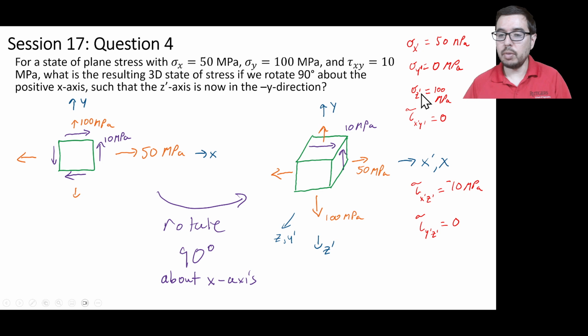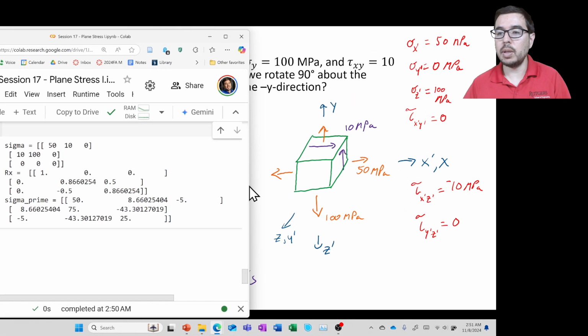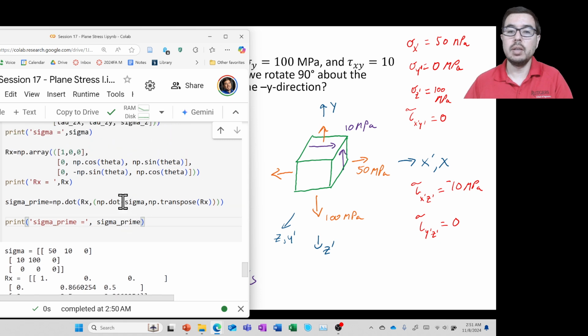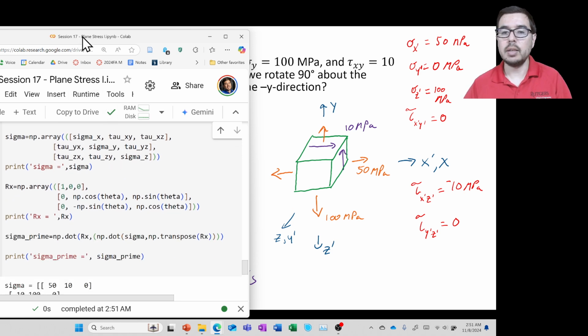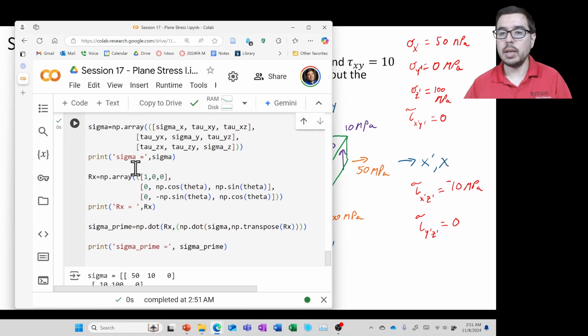We had written out what we thought, using the think method, the sigma x prime, sigma y prime, and sigma z prime would be, and this matrix does not look right. The reason is that the angle of rotation is not 90 degrees, it's 30 degrees from the previous problem. So now we put it in as 90, and we run it, and let's see what we get.